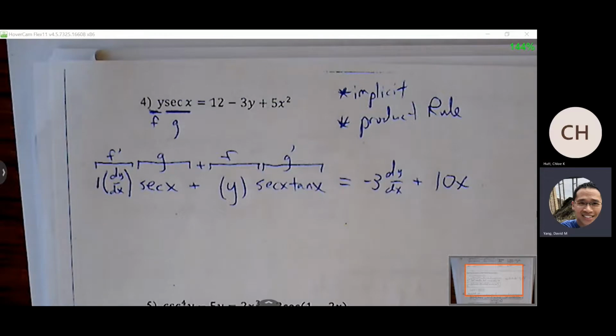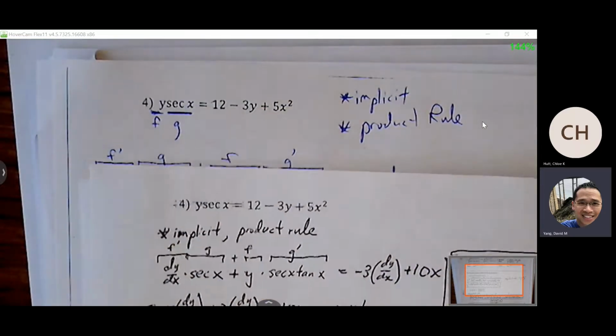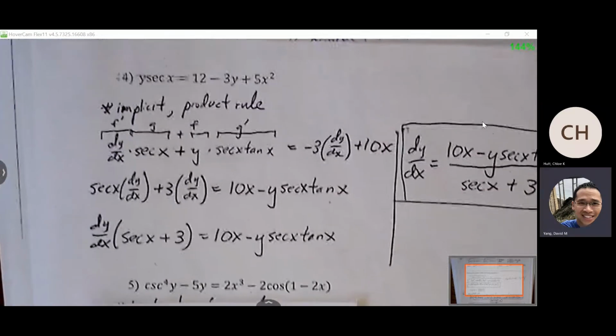Factor dy dx out, and then divide it over. Check number 4.